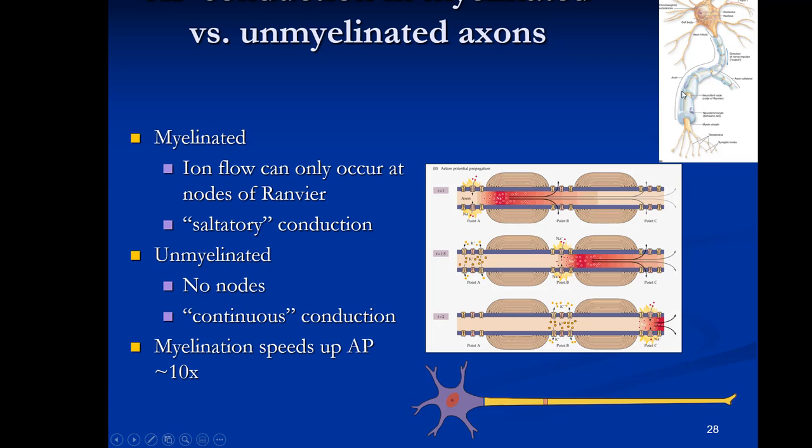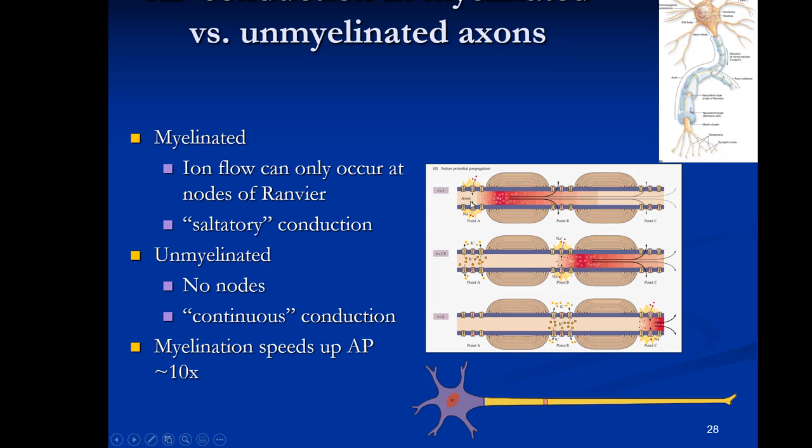If we zoom in on that, it looks like this. Here's a Schwann cell, for instance. The sodium and potassium can't get through the myelin, so you can only get depolarization and repolarization at the nodes of Ranvier. That's important because if you only have to depolarize at the nodes versus depolarizing every little section of the neuron, this is going to be much faster.